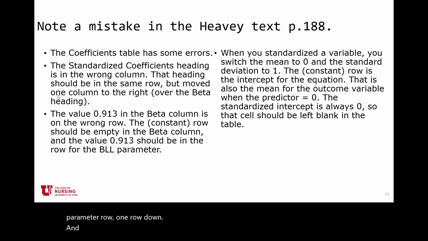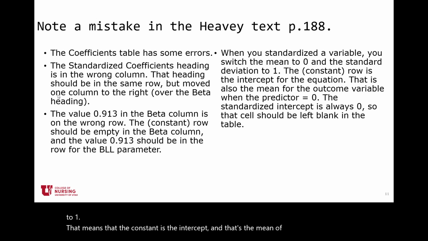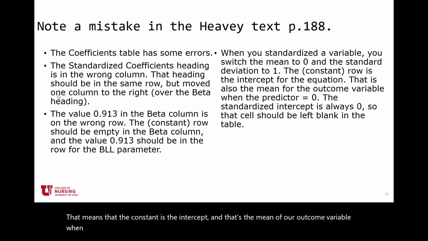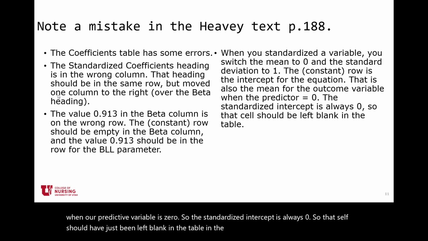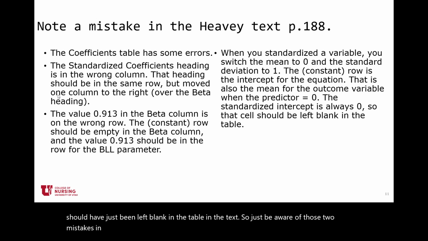When you standardize the variable, you switch the mean to 0 and the standard deviation to 1. That means that the constant is the intercept, and that's the mean of our outcome variable when our predictor variable is 0. So the standardized intercept is always 0. So that cell should have just been left blank in the table in the text. So just be aware of those two mistakes in that table on page 188.